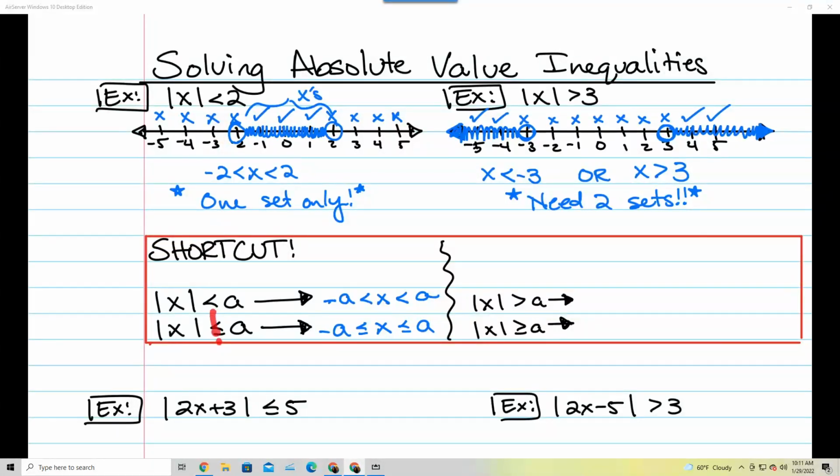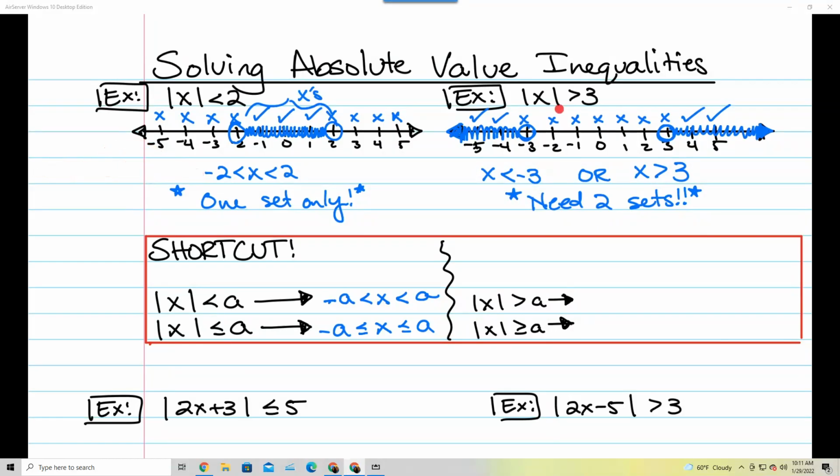What I ended up doing is I took that 2, swung it to the front, and ended up with a -2 in the front, and what I would write is -2 is less than x is less than 2. And that is exactly what we ended up with here. So hopefully we can see where the shortcut ends up.